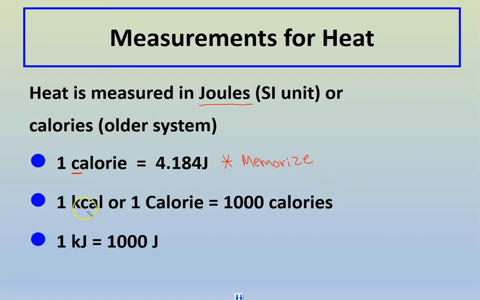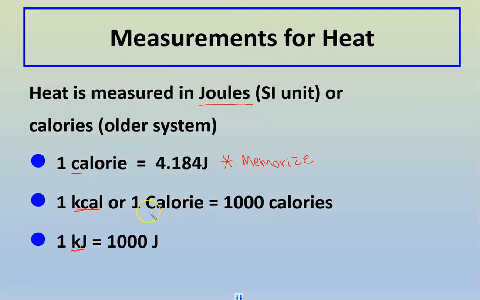I also need you to know that kilo always means 1,000. So if you have a kilocalorie or a kilojoule, that means you have 1,000 of those, just like a kilometer is 1,000 meters. Kilo always means 1,000 of whatever's behind it. You need to know that as well for conversion factors.